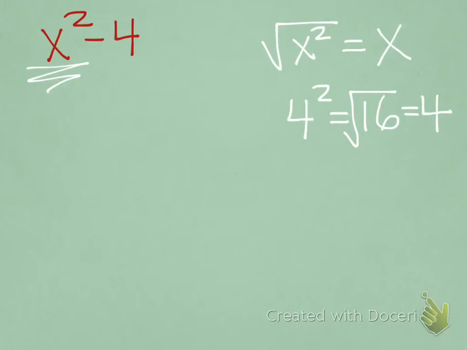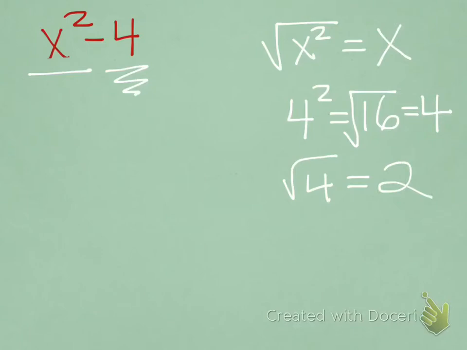So, going back to our example, x squared is a perfect square and so is 4. Do you know the square root of 4? It's 2.